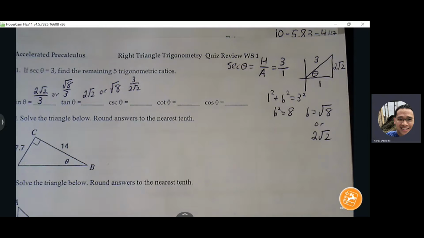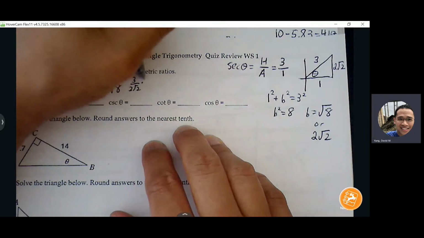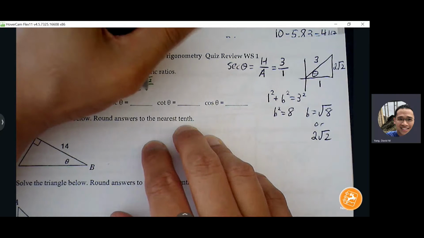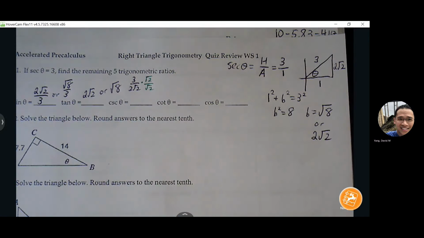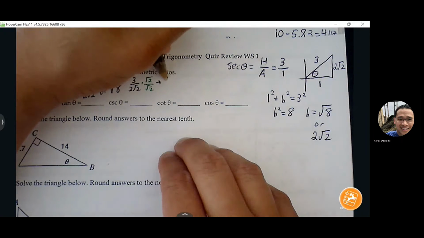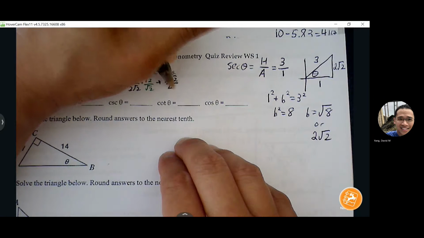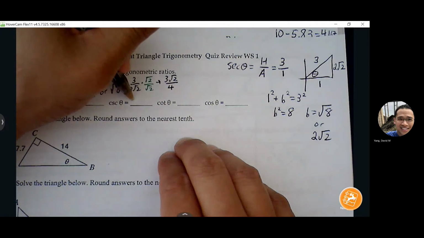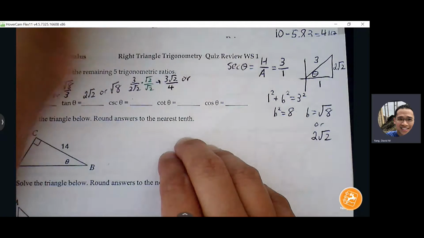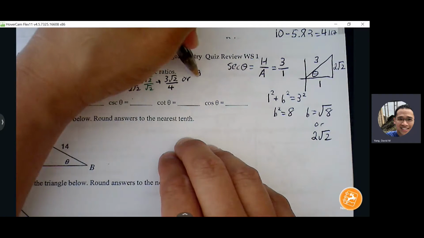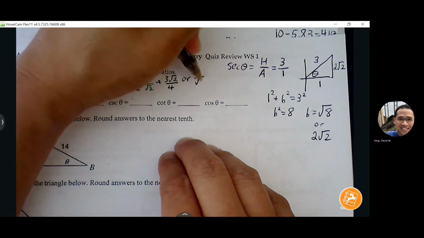Now I want to rationalize the denominator here, so I need to multiply top and bottom by what? By root 2. Or I can say 3 over root 8.